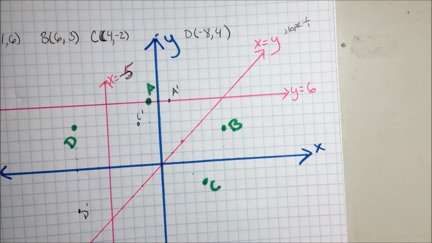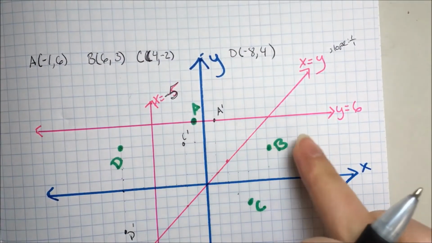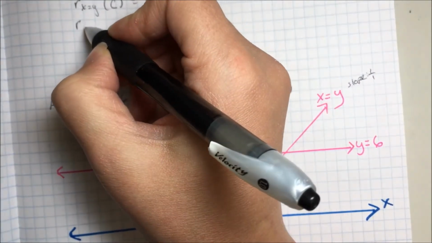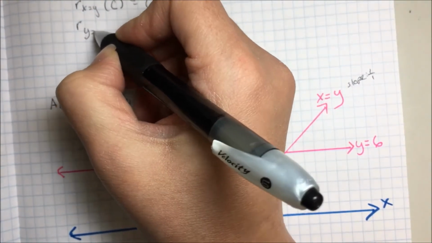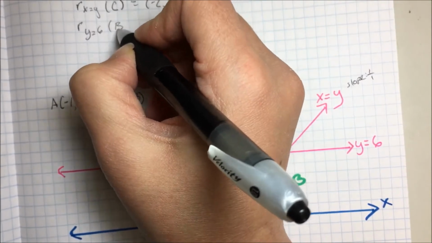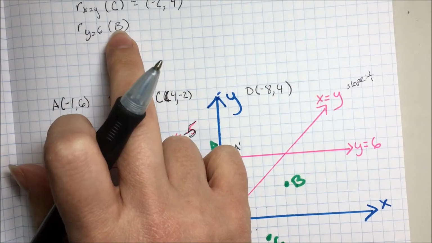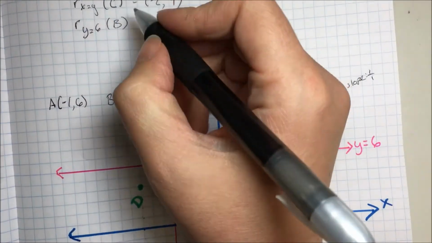Okay. Let's do another. Let's reflect B in the line y equals 6. So this little r means reflect. This is the line I'm reflecting in, and this is the point I'm reflecting.